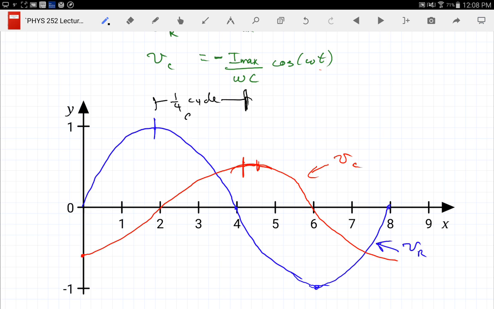A quarter of a cycle is 90 degrees if you're using degrees, or pi over 2 radians.